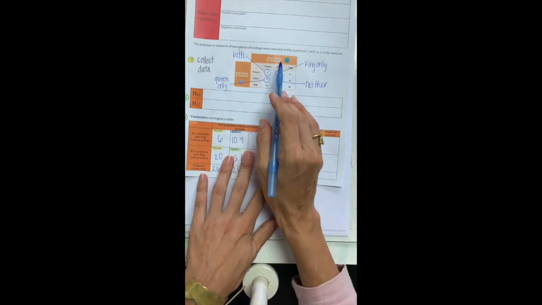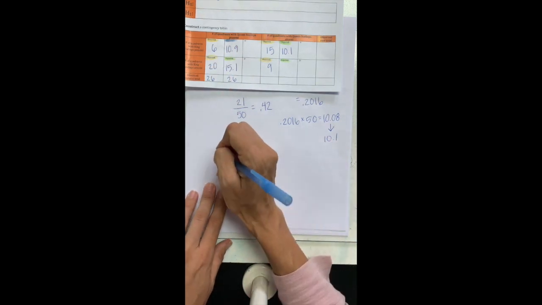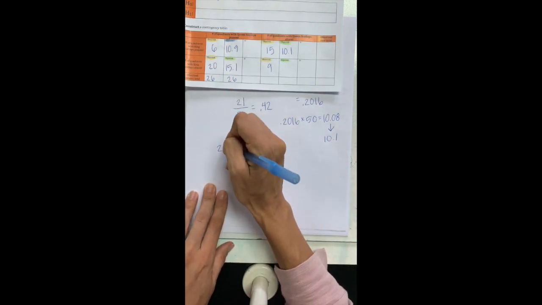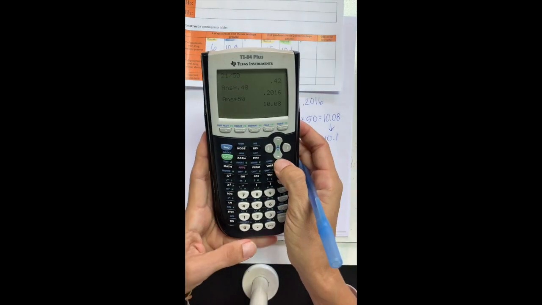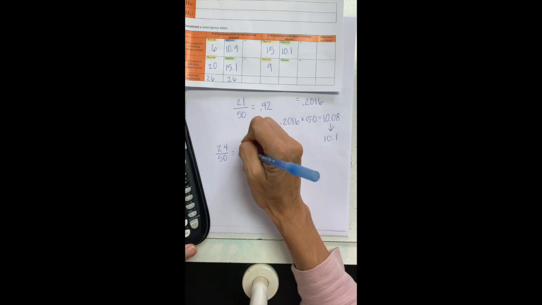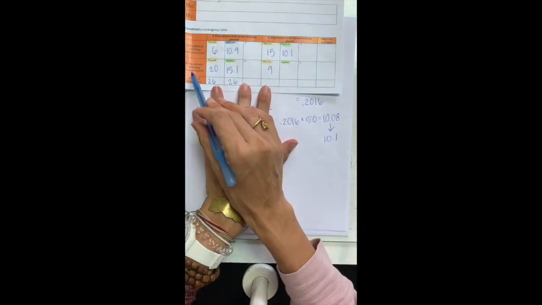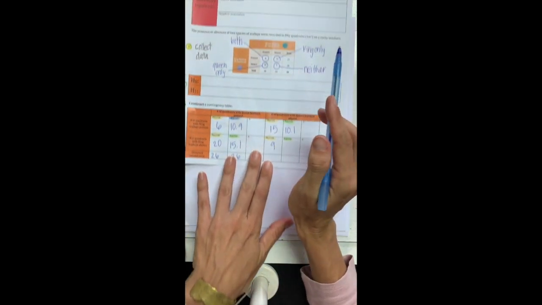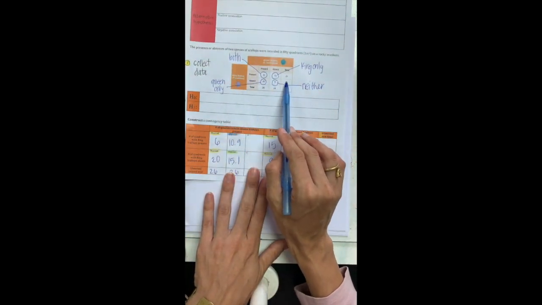So let's look, queen's absent, total number 24. So take that 24 divided by 50. So let's go 24 divided by 50 equaling 0.48. And then our second part here is the king's absent. So if we go up here, look at king's absent, total number 29.